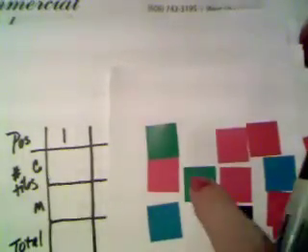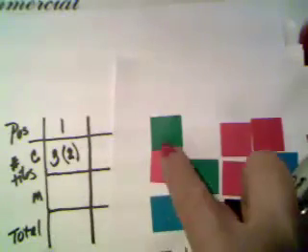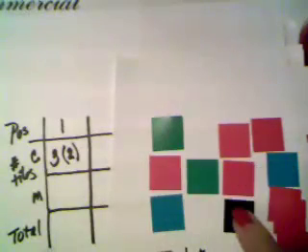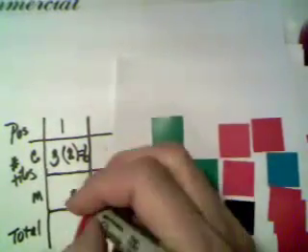So for the first position, I have 3 times 2, or 6 for the columns, and 1 in the middle, so there's 7 total.